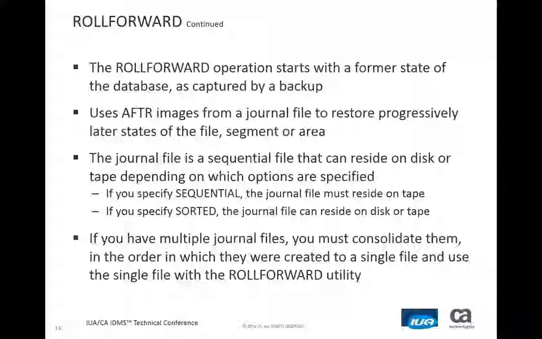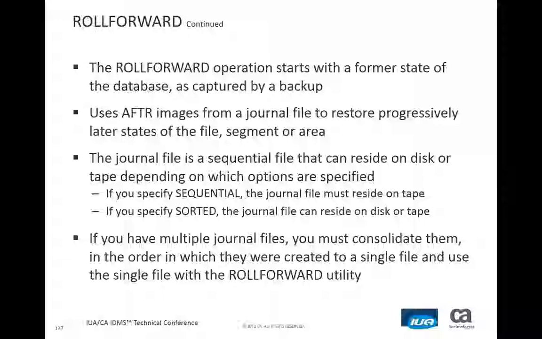Okay, so the roll forward utility, as I mentioned, starts with the former state of the database. So you're at the present point in time, you realize that there's something wrong. It might be that the database has had invalid work run through it, maybe a batch job with the wrong input data. You might have some type of media error, some type of I/O error has developed, or some type of physical structure on the disk drive has gone bad, so you've got to go back to some point in time.